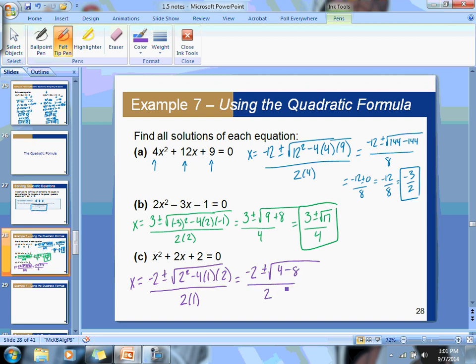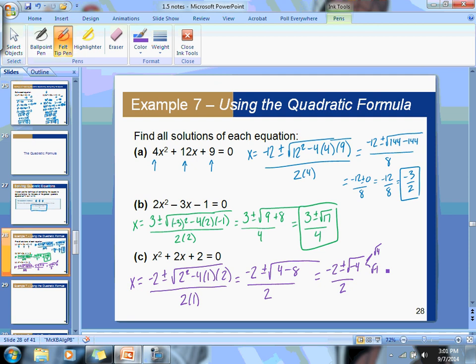Now 4 minus 8, when I simplify that, that's where I have a unique case that we haven't seen before. I'm still going to have my negative 2, and I'm still going to have plus or minus, but inside my radical now I get a negative number. I can't have that. I can't have a negative inside my radical. So the way we get around that is we break it apart into the square root of 4 and the square root of negative 1.